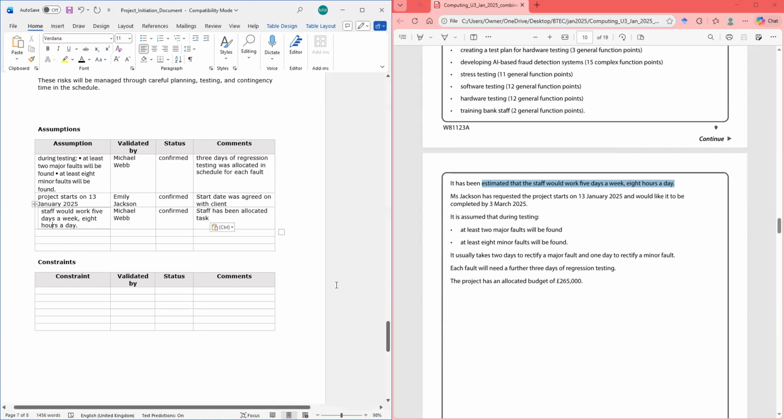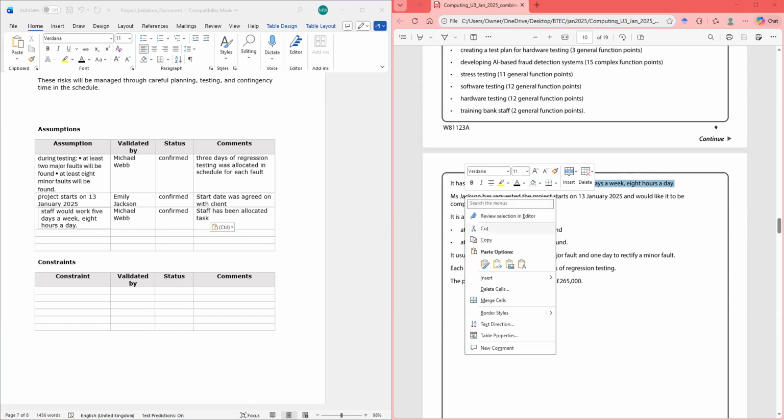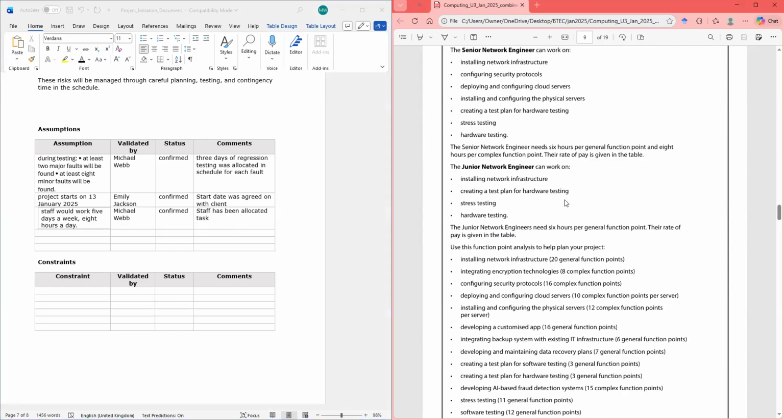The other one I need to look at is: senior network engineer needs 6 hours per functional point. All right. And that would be up here.